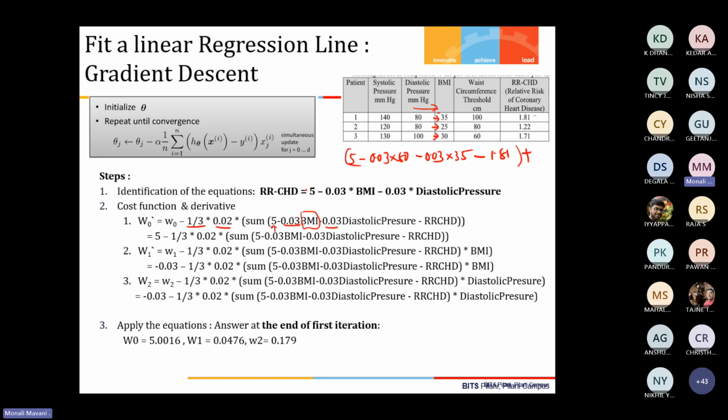That is plus, sum is there, right? Plus 5 minus 0.03 multiplied by 25, the second example, minus 1.22, and then take the third one. That is the sum, and then you calculate the answer. That is W0, and then W1 and so on.